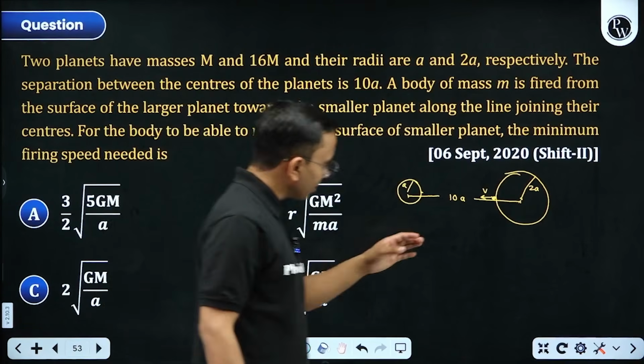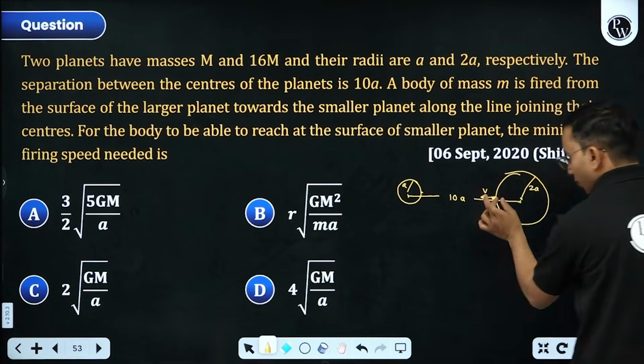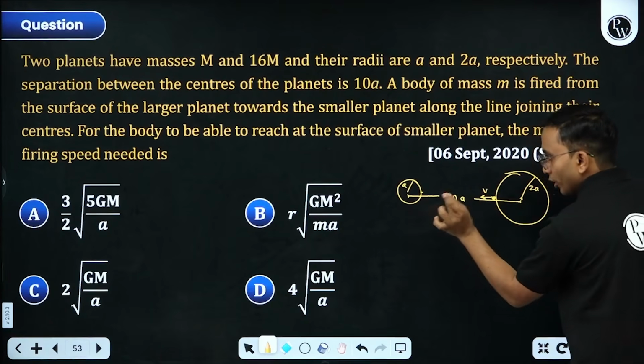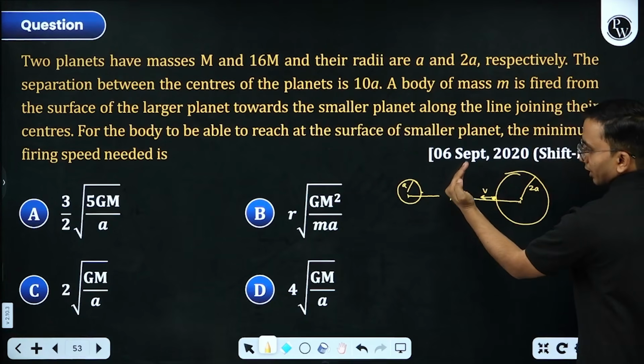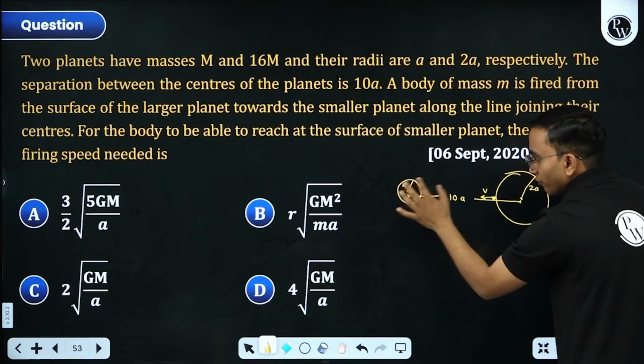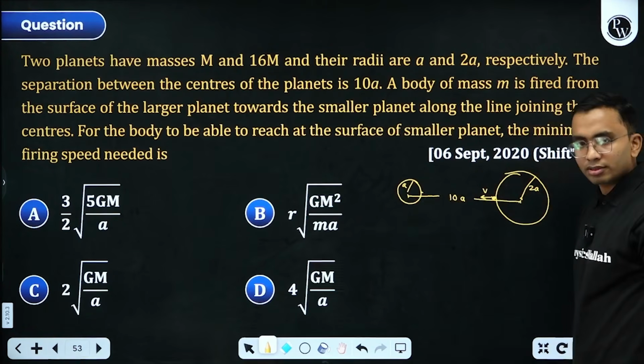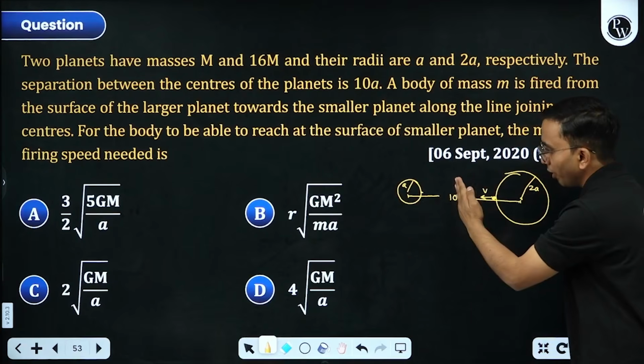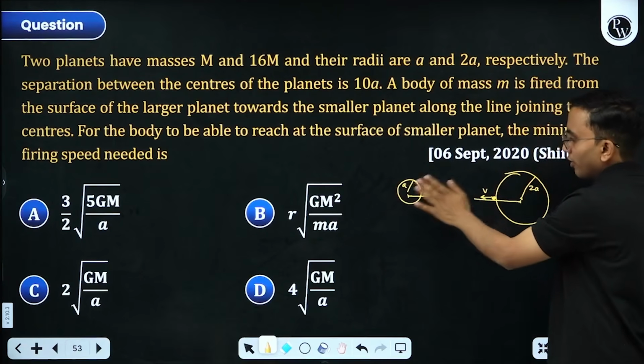When you are throwing this mass m from this point, a point in between will come where the force due to the smaller one will be greater than that due to the bigger one. After a certain point, the force due to the smaller one will be greater.